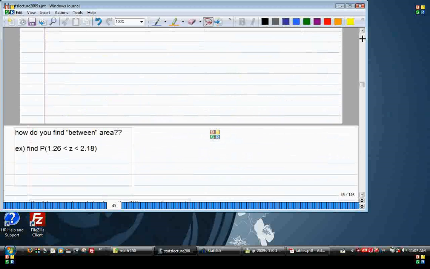How do you find a between area? So we don't know how to do this question in full yet, but we do know how to start. What's the first thing you should do? Draw the picture, absolutely.